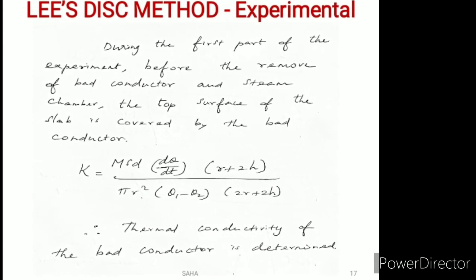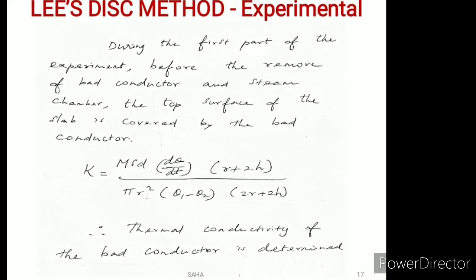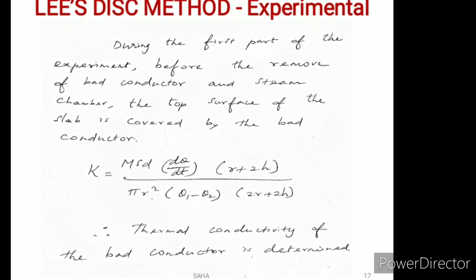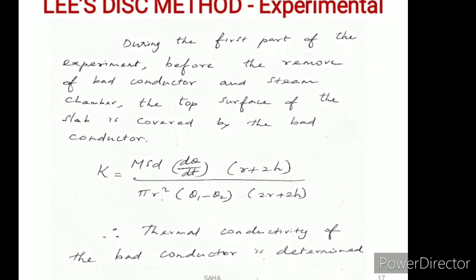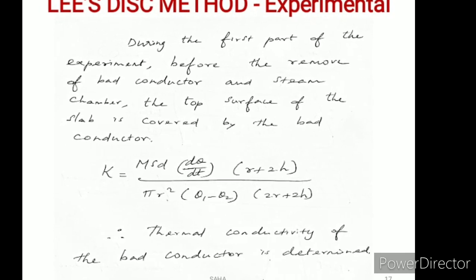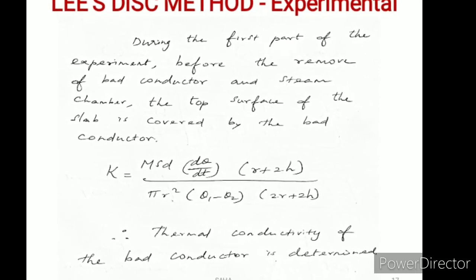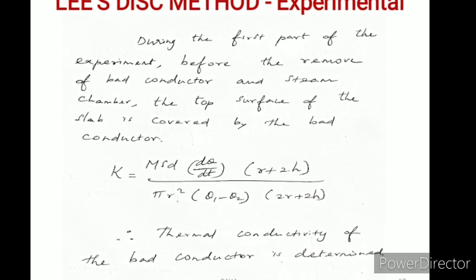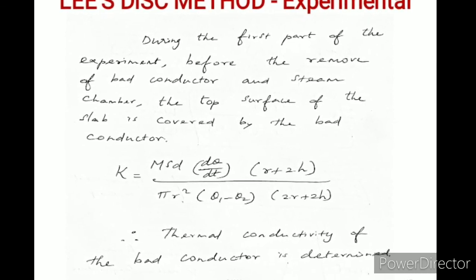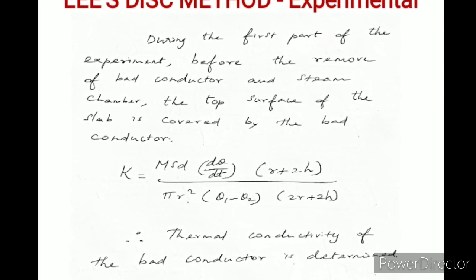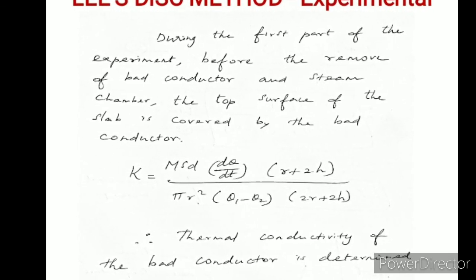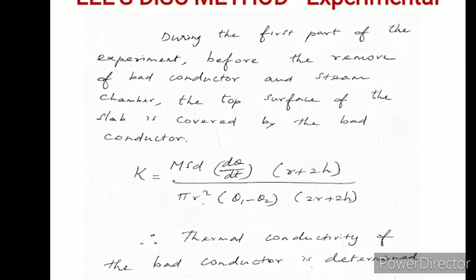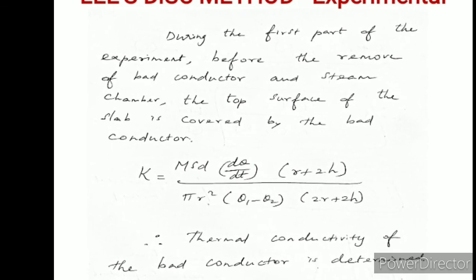During the first part of the experiment, before removing the bad conductor and steam chamber, the top surface of the slab is covered by the bad conductor. So here the value K is equal to MS d theta by dt into r plus 2h divided by pi r squared into theta 1 minus theta 2 into 2r plus 2h. Therefore, the thermal conductivity of the bad conductor is determined.